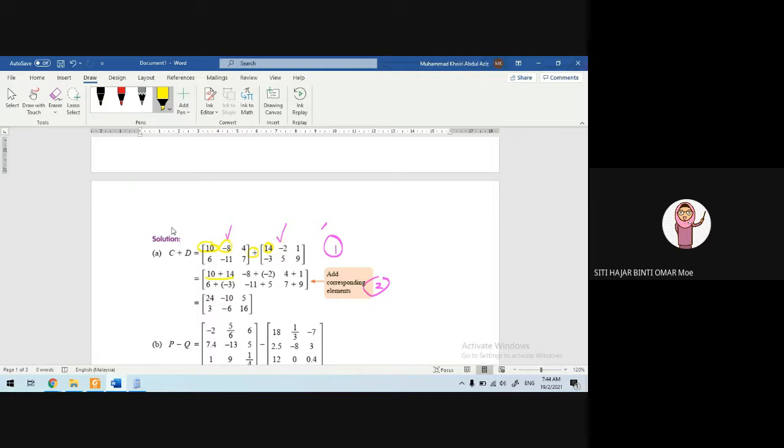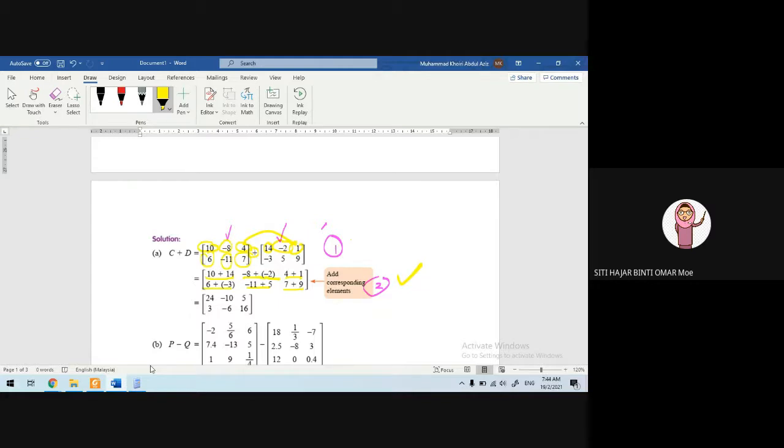Negative 8 corresponds to negative 2. So you write down like this, negative 8 plus, in brackets, negative 2. And then 4. 4 corresponds to 1. So 4 plus 1. Write down the corresponding elements first. And the same goes to 6, negative 11, and 7. Write down their corresponding elements and the operation. This is the second step.